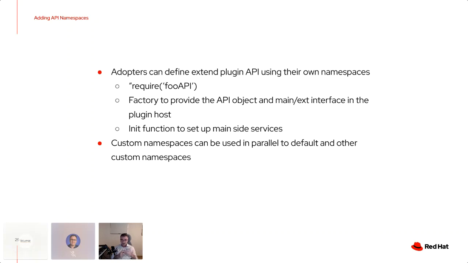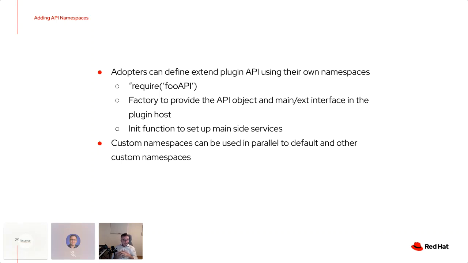And all you have to do is provide a factory that creates an API object. And it also needs to set up the required main X interface. We call this the main X interface, the remote service where the plugin host talks to the front end. And on the other side, on the browser side, you need the init function that sets up the main side services. And that, with a bit of markup, is basically it.